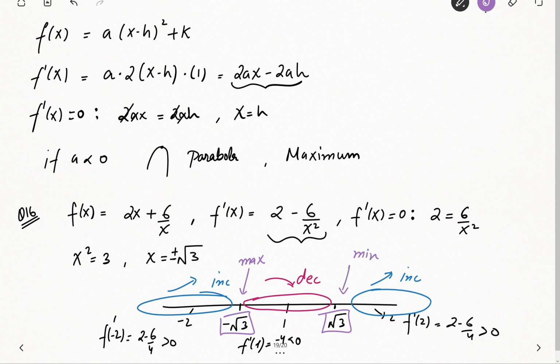Okay, so now that we have all the information, we can conclude the results. It's increasing on the interval from negative infinity to negative square root of 3, and also on the other interval. So how do you write that here?